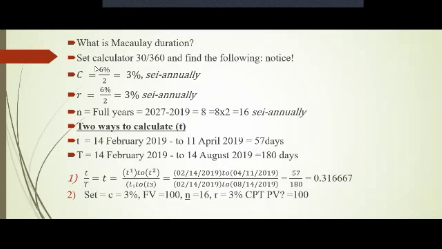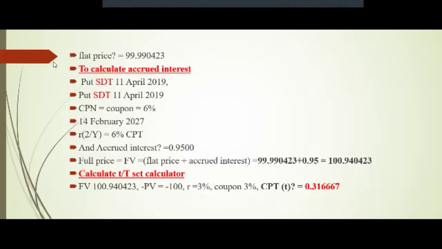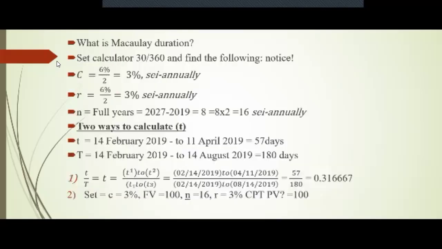How to calculate t? As you remember, we need to calculate small t and capital T to use in the formula. So we need to calculate one by one in order to find it. Small t here is 14 February 2019 to 11 April 2019.